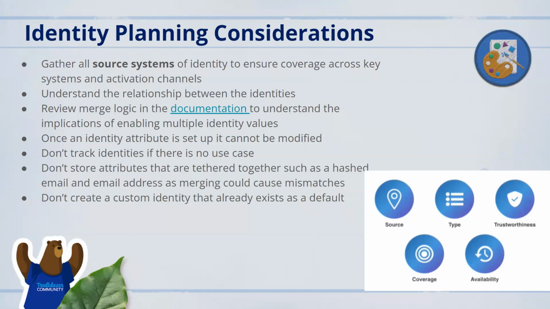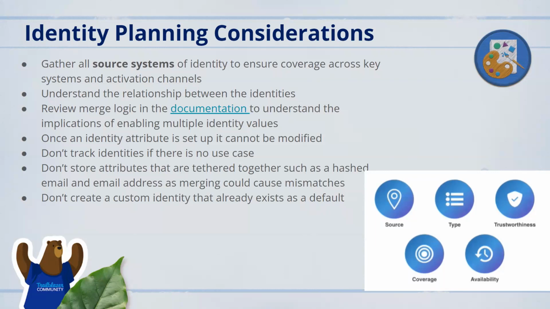It's important to identify these and identify what identities are available that will cover all of the activation channels for your use case. After identifying the sources, it's important to understand the relationship between the identities. For example, if there's a customer ID, it's good to check if there's a customer ID and email address available across all activation channels.